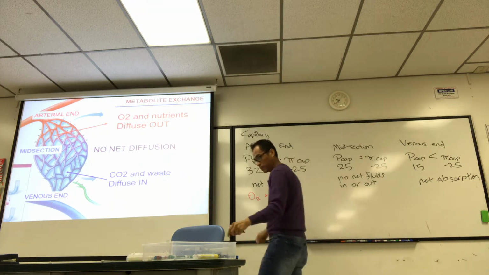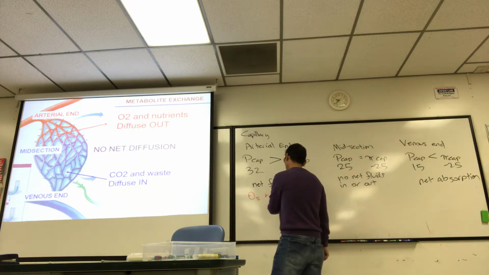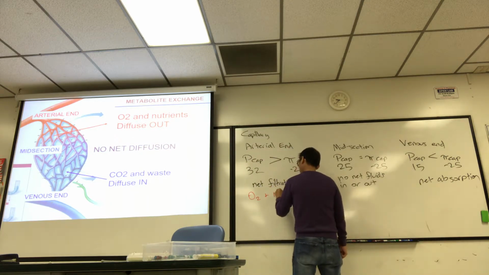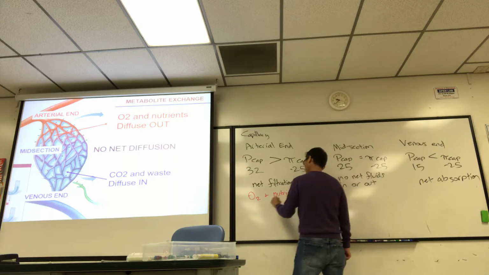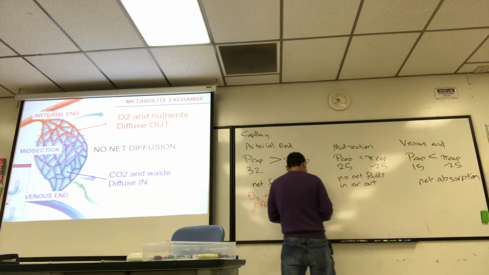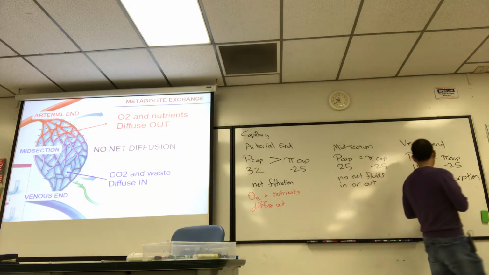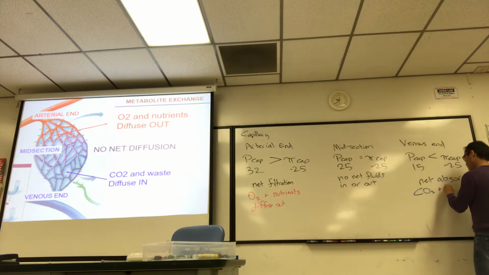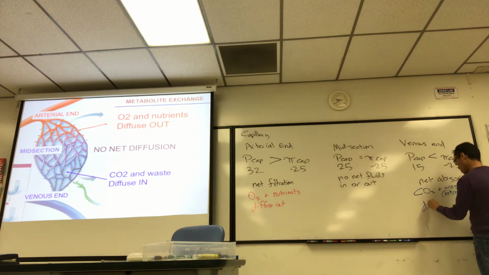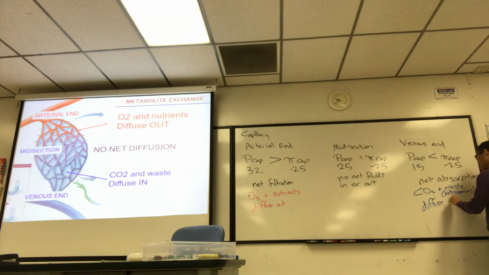O2 and nutrients diffuse out. On this end, CO2 and waste, usually nitrogenous waste, that's what we say, diffuse in.